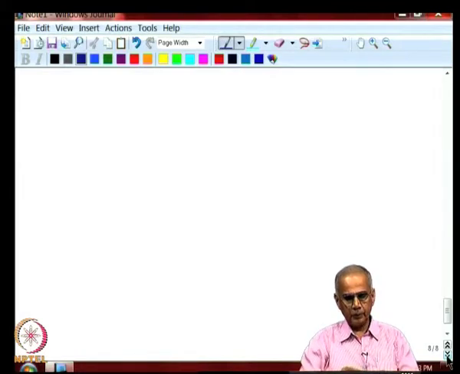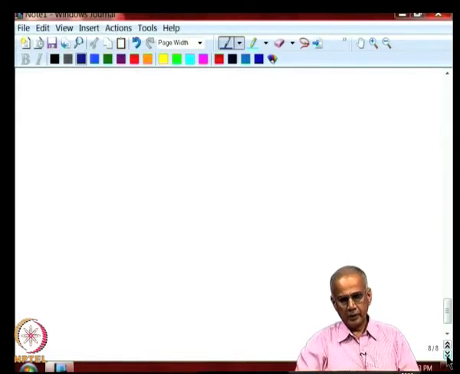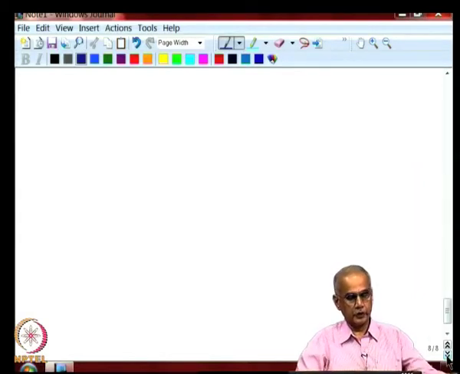Now, the example which will test your ability is the example where there are obstructions, where things come between the two surfaces, so that your ability to draw the parallel and cross strings becomes an issue.